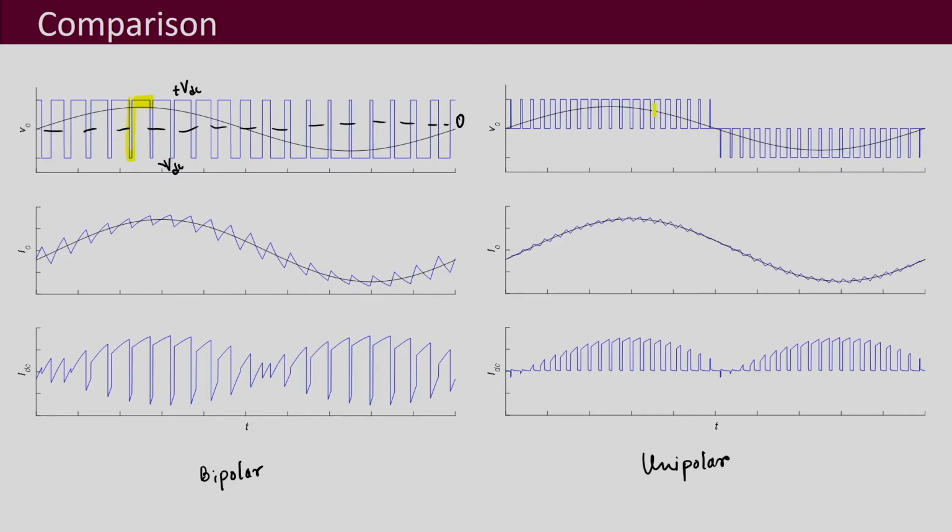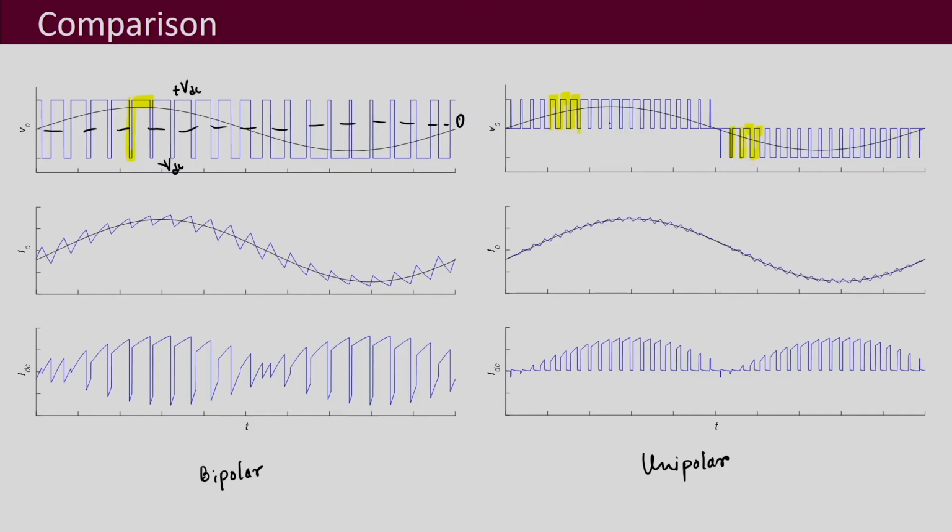But if you see unipolar PWM waveforms, you see that it goes from 0 to VDC and keeps following that for half the cycle of the reference waveform, and then for the other half cycle it goes from 0 to minus VDC.